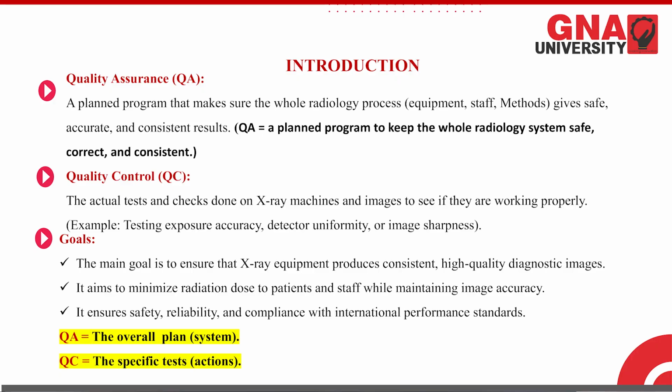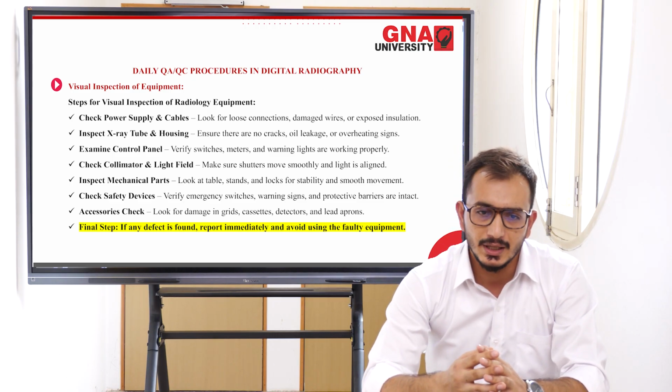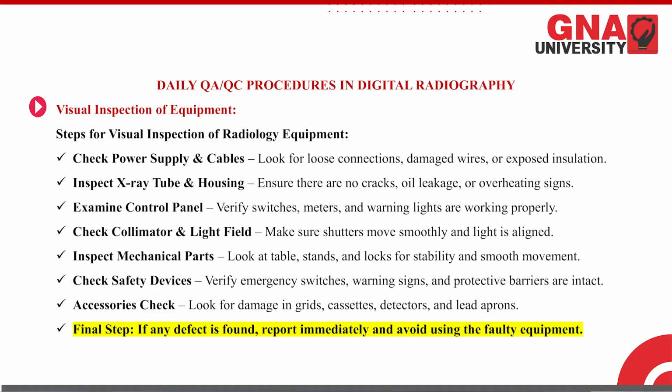Next is the visual inspection of equipment, and this is the first test which we perform in digital radiography. How is this test performed? First, we have to check the power supply and cables.